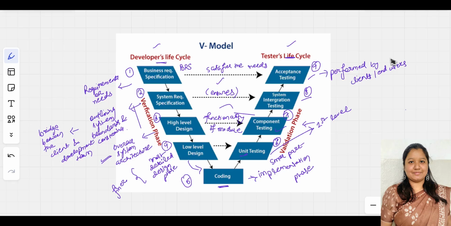Only after the acceptance testing is successfully approved by the client or the end user does it move to the deployment phase. Whereas in the waterfall model, as soon as testing is done, they just move on to real-world deployment. They don't check whether it has any bugs or errors before deployment. But here, it is ensured by the client and the end user that there is no problem, and we can move to the final stage.